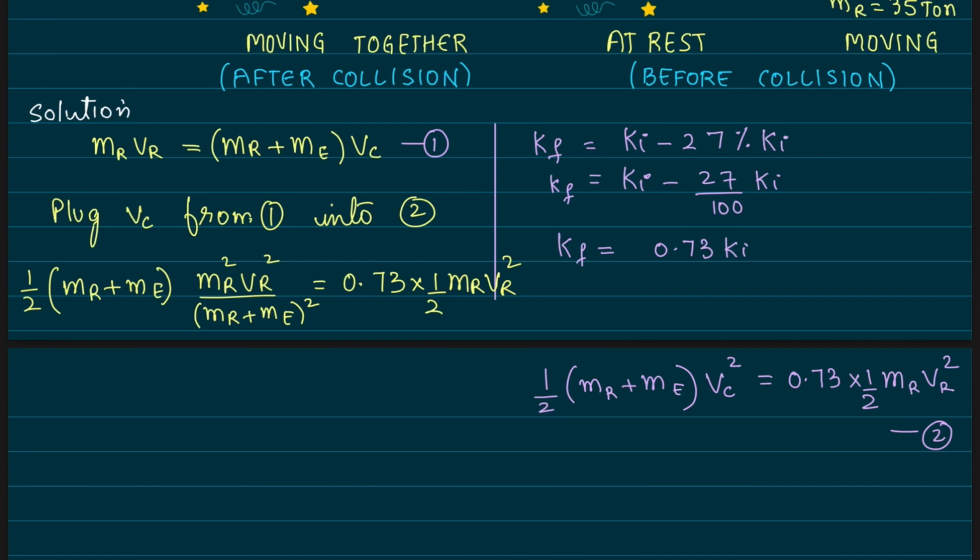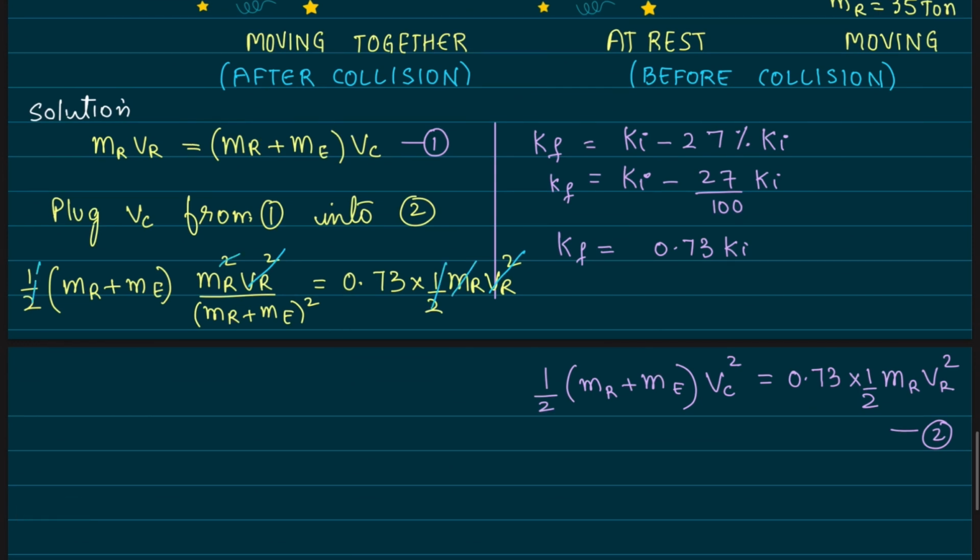Okay, so let's cancel the terms. You can cancel this term with this term. Mass of rail, one term will cancel, half and half can cancel, and this whole term with square will cancel. So what we are left with is mass of rail divided by mass of rail plus mass of engine equals 0.73.